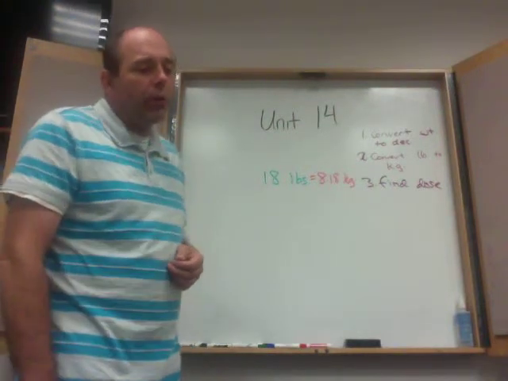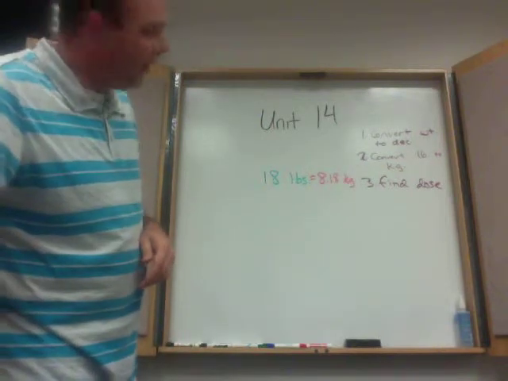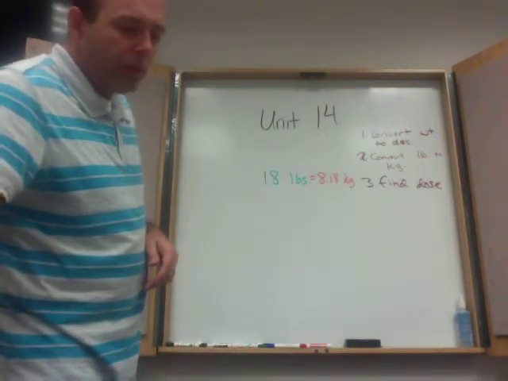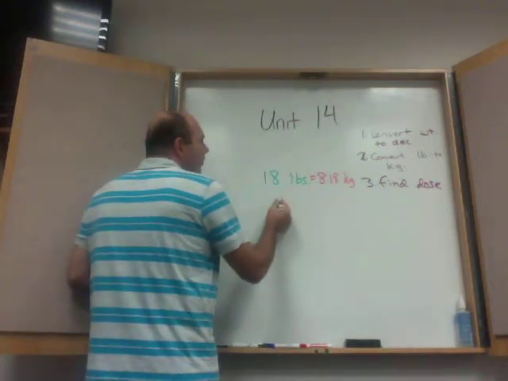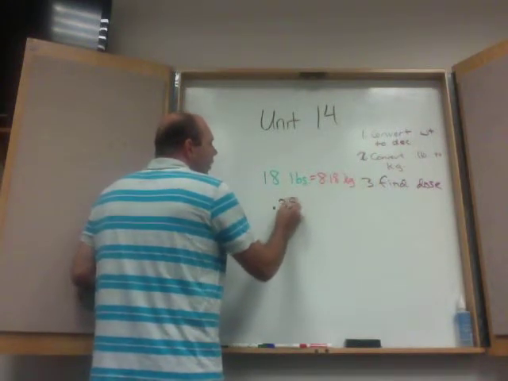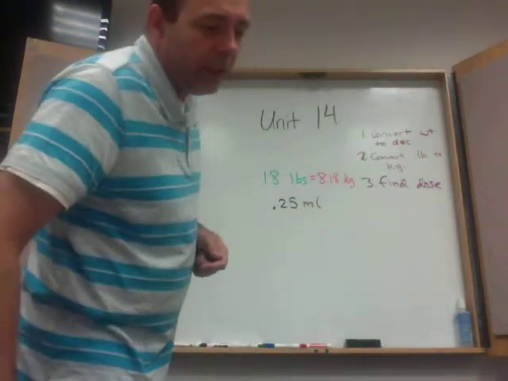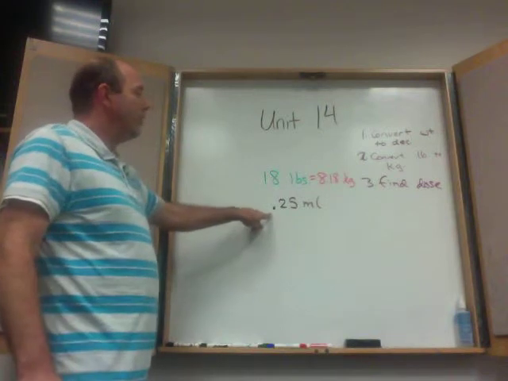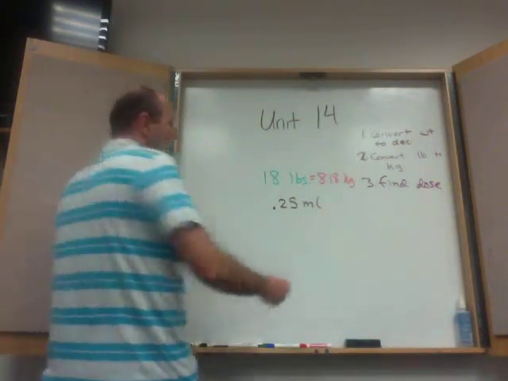a milliliter per kilogram. That's going to be fairly easy to do. So 25/100th of a milliliter. Make sure that I'm giving the right kind of medicine. Yes, it's a milliliter. 25/100th of a milliliter per kilogram. So all I'm going to do is multiply these two.